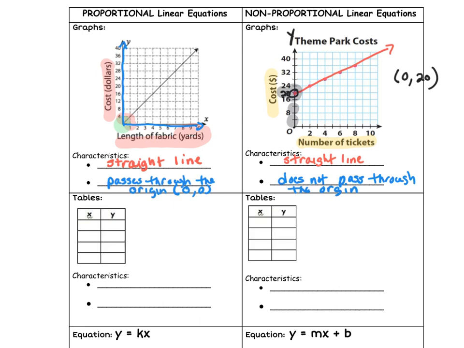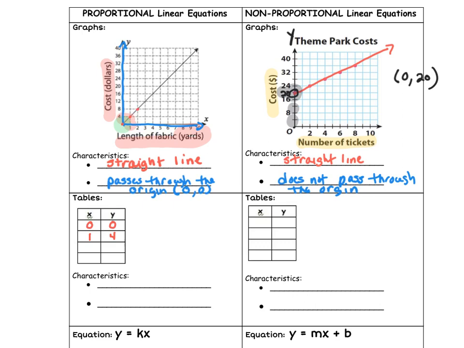So if I look at this first proportional graph, I'm going to notice that it starts at the origin, which means there's a 0 where the x is and a 0 where the y is. Right here is that point on the graph. The next point, if I move over 1 for the x, it's at 4 for the y. So 1 movement in the x corresponds with 4 in the y.